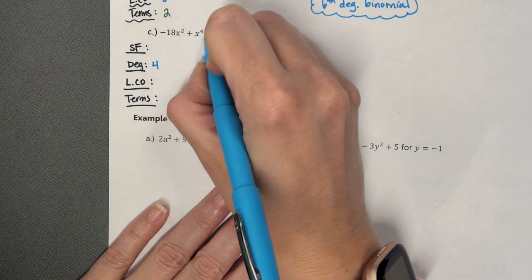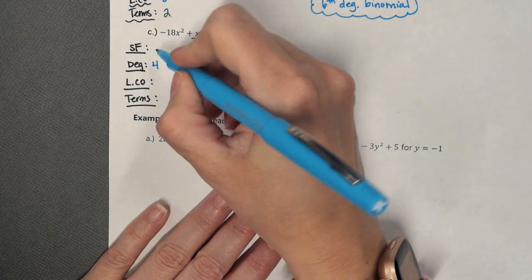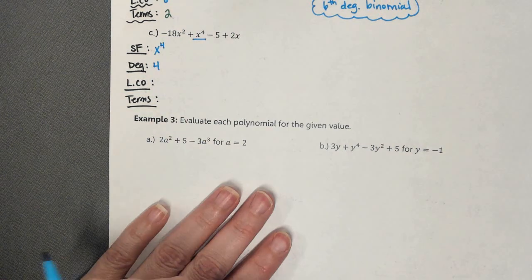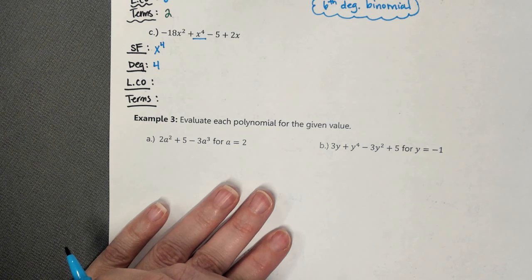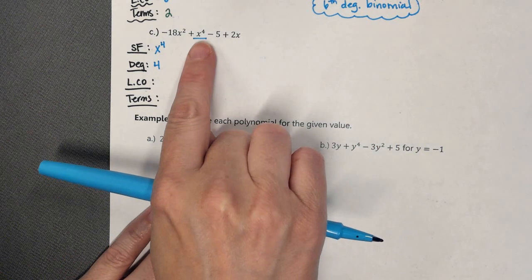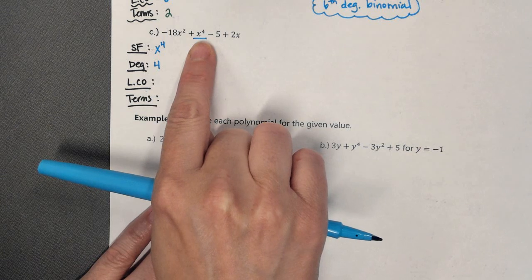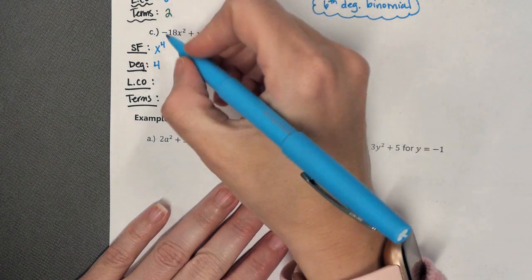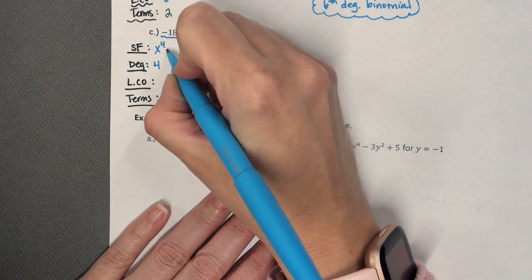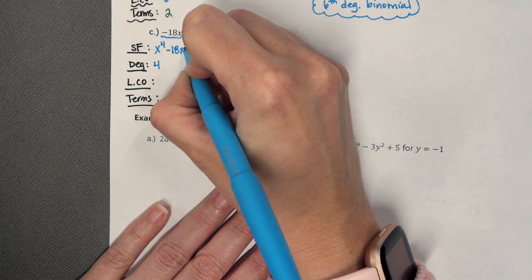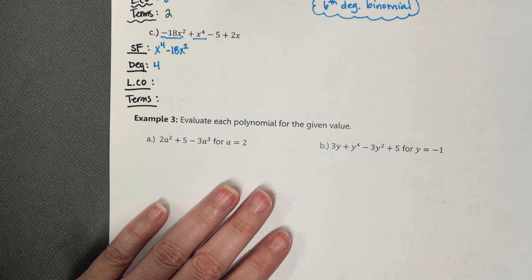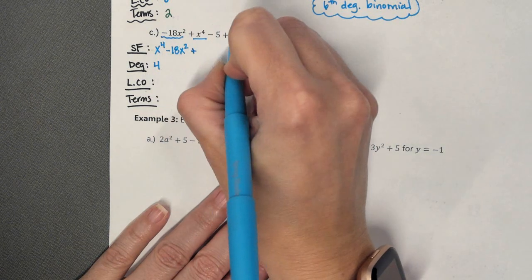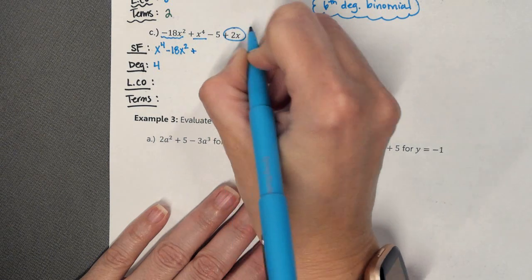And then if that's the highest exponent, x to the 4th, that goes first. And then Gabe, after 4, what's the next highest exponent? Yep, so this whole term here, negative 18x squared, that's going to go next. And then Erica, do you think you can tell me what goes after that? Yeah, the 2x, good. So it's a positive 2x, so we're going to keep the plus with it.